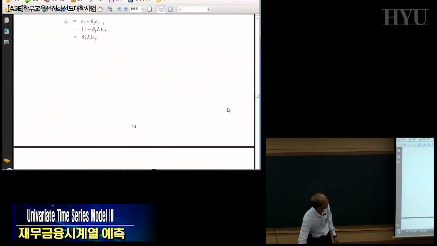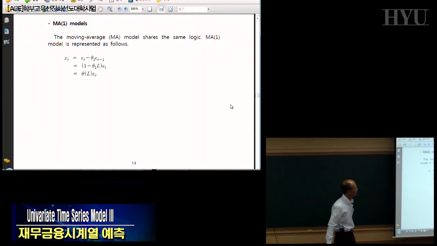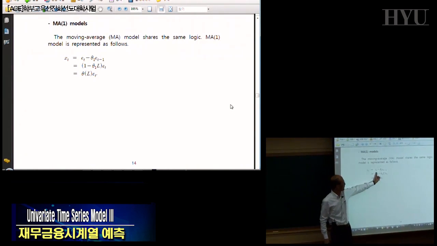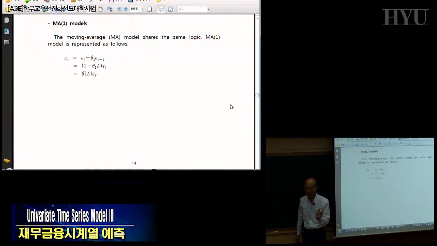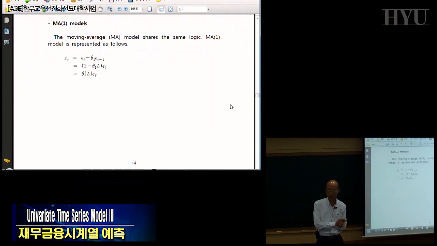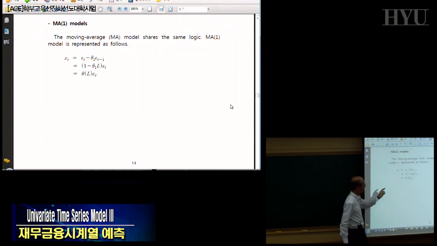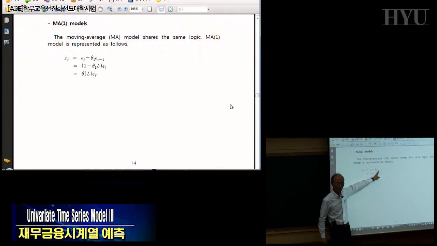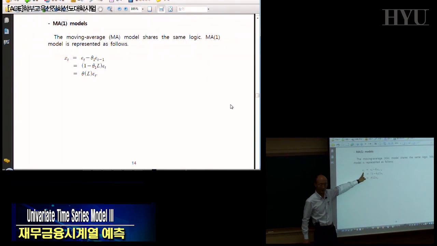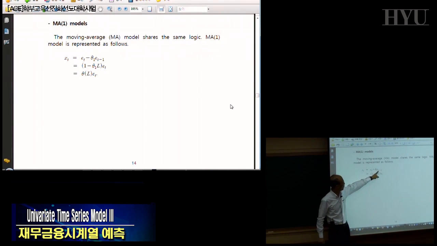The reason being, if we interpret epsilon_t as shock to the system or news to the system, the memory of this shock to the value of x, well, one period and contemporaneous period.